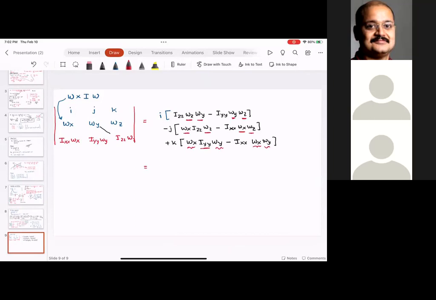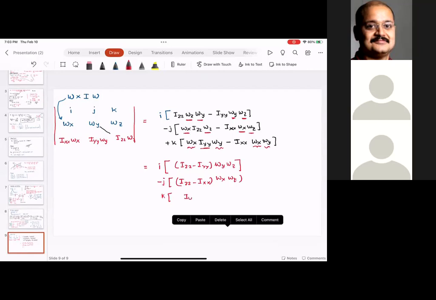So this equation can be written as I z z minus I y omega y omega z, minus j, I z z minus I xx omega x omega z, and k, I y minus I xx omega x omega y. Are you with me so far?